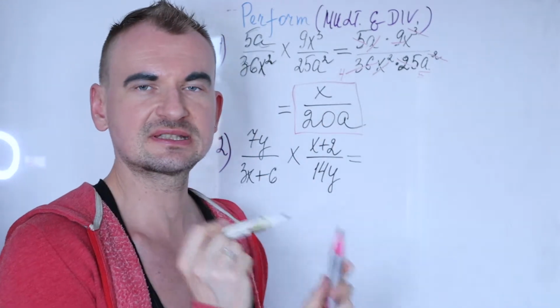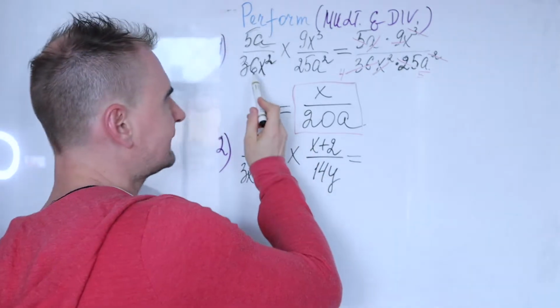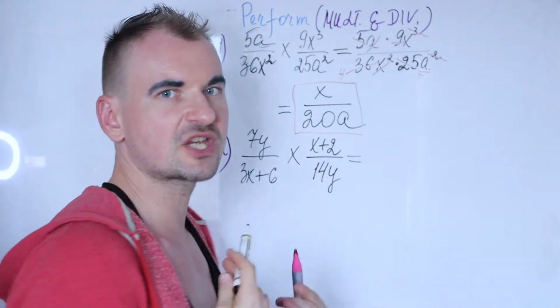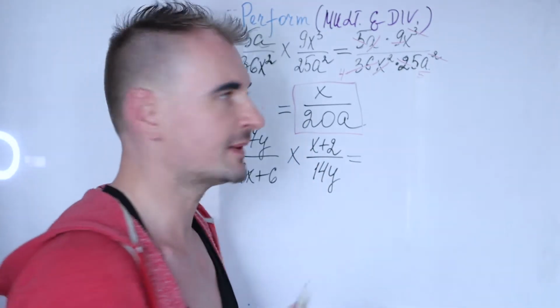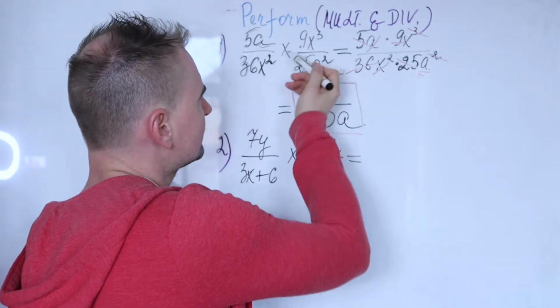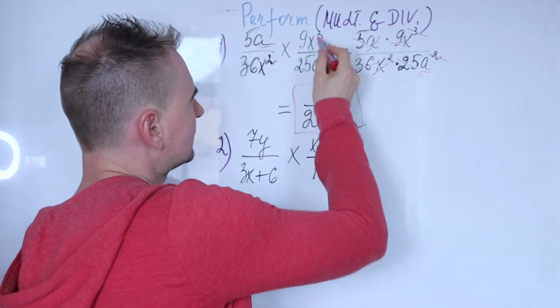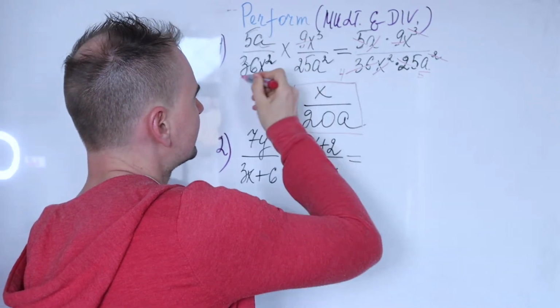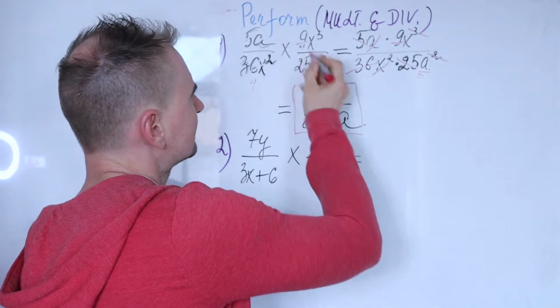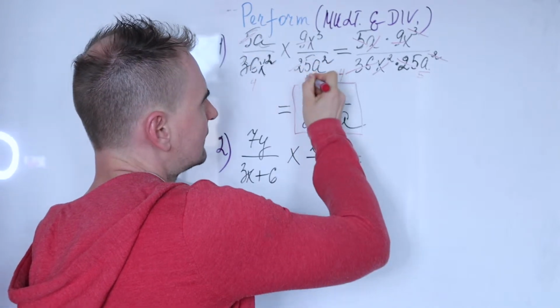You could start with cancelling at this point, which would save your time and paper. Because you can do this cancellation, like 9 goes into 36 4 times, and so on.